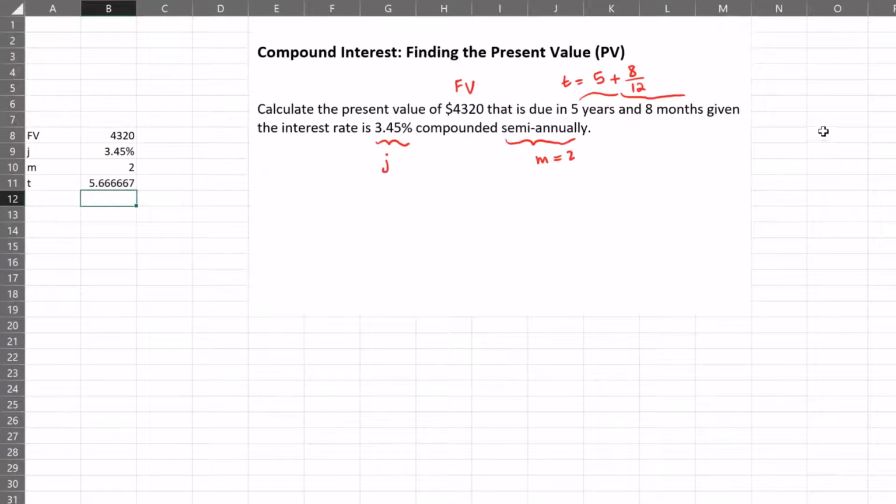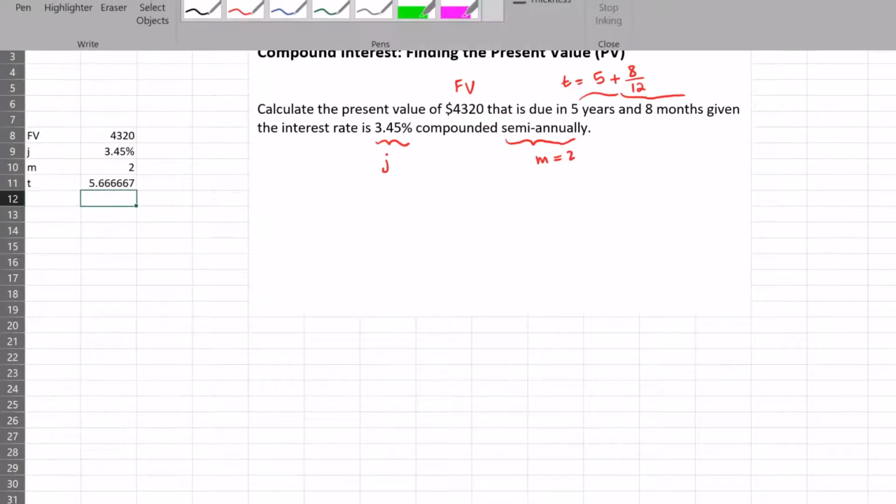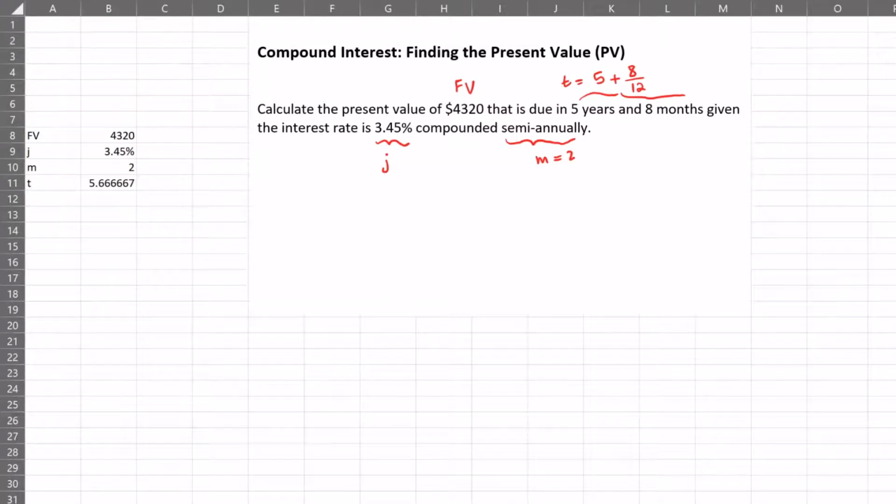All right. So if you wanted to use the formula, present value is equal to future value divided by 1 plus i to the power of n, or if you want to use the negative exponent, PV equals FV times 1 plus i to the power of negative n.